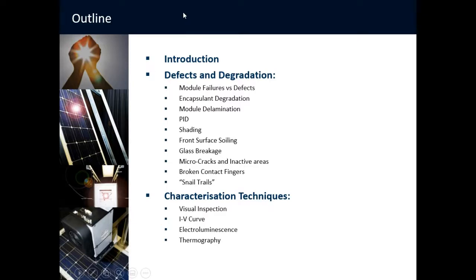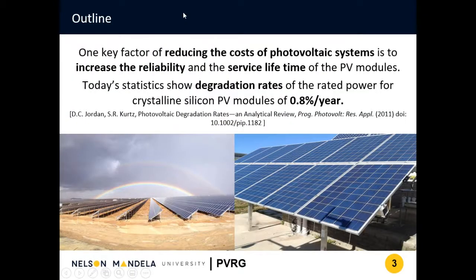So when one is assessing the costs of a photovoltaic system and looking at ways to reduce costs, obviously any increase in the reliability and the service lifetime of a PV module will result in a reduction of costs.